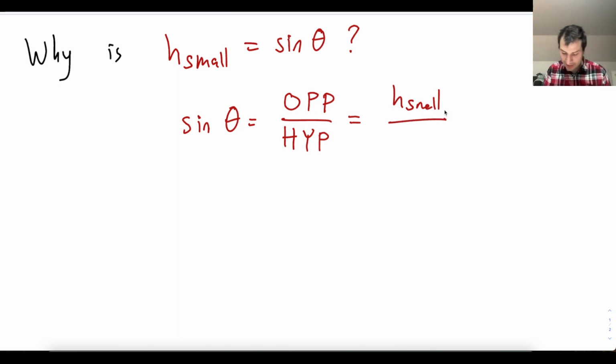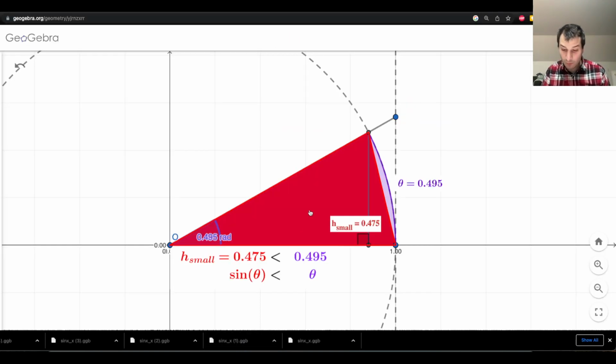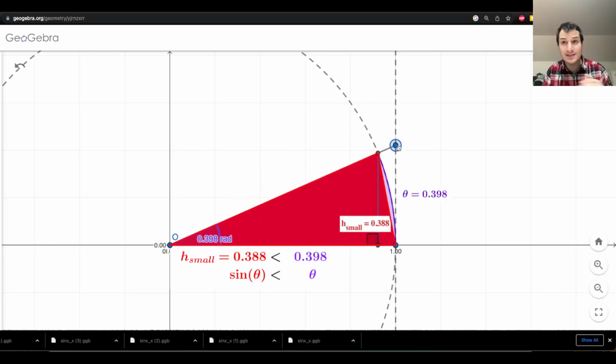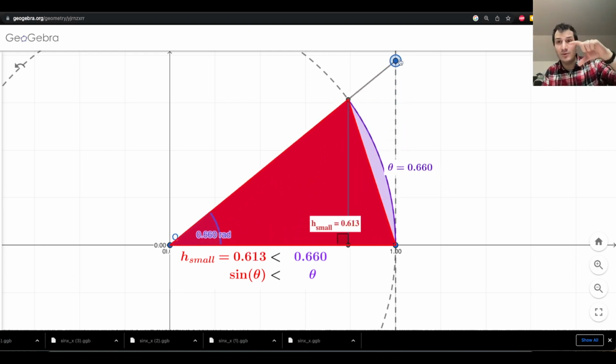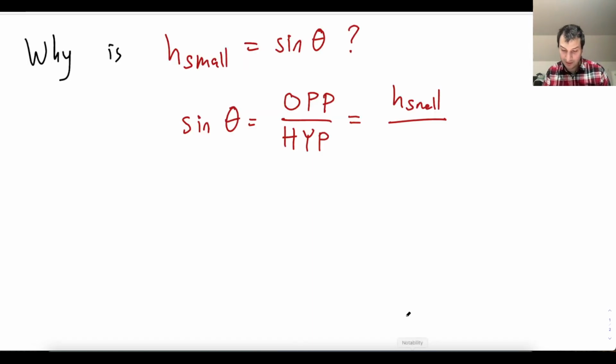And what is the hypotenuse of this triangle? Well, the hypotenuse is exactly a radius of the circle. The hypotenuse is always on the unit circle, and therefore, because the radius is 1, we know that this is 1. So the sine of theta is h small divided by 1. That's the same as h small. Okay, so h small is sine theta.